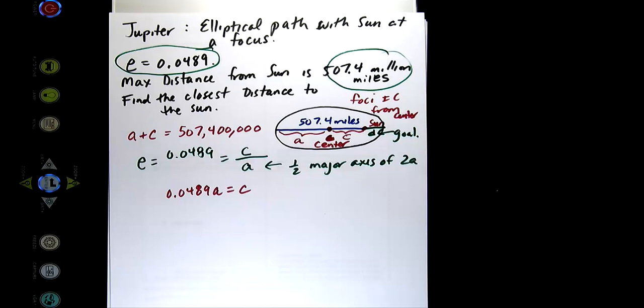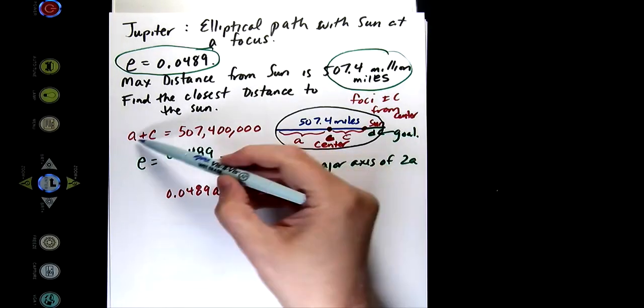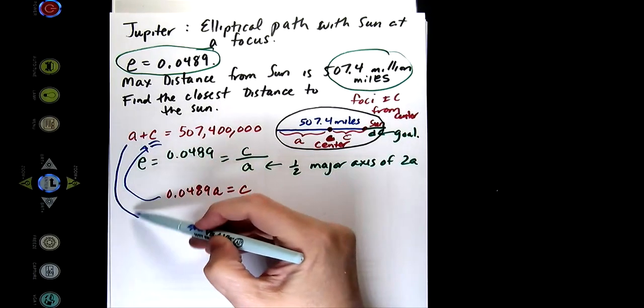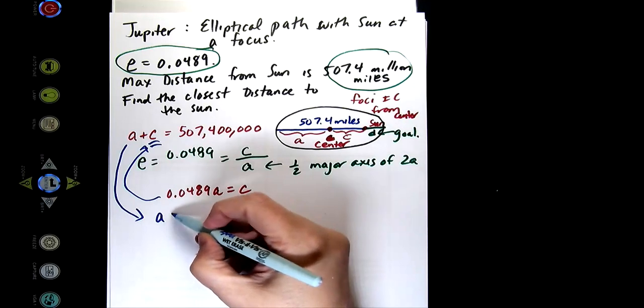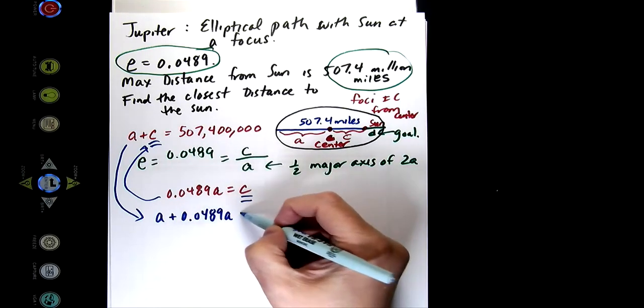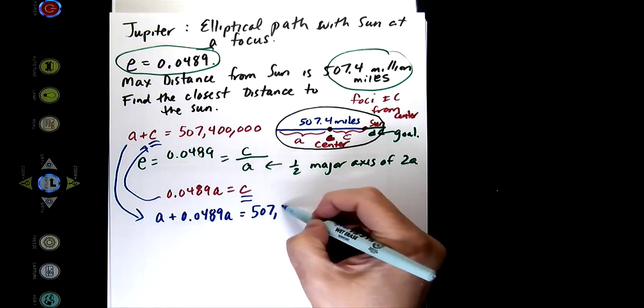We have a system of equations. So rather than doing the addition method, I am just going to do substitution. I know this C matches this C, so I'm going to plug that in. That means I get A plus 0.0489 A equals 507,400,000.